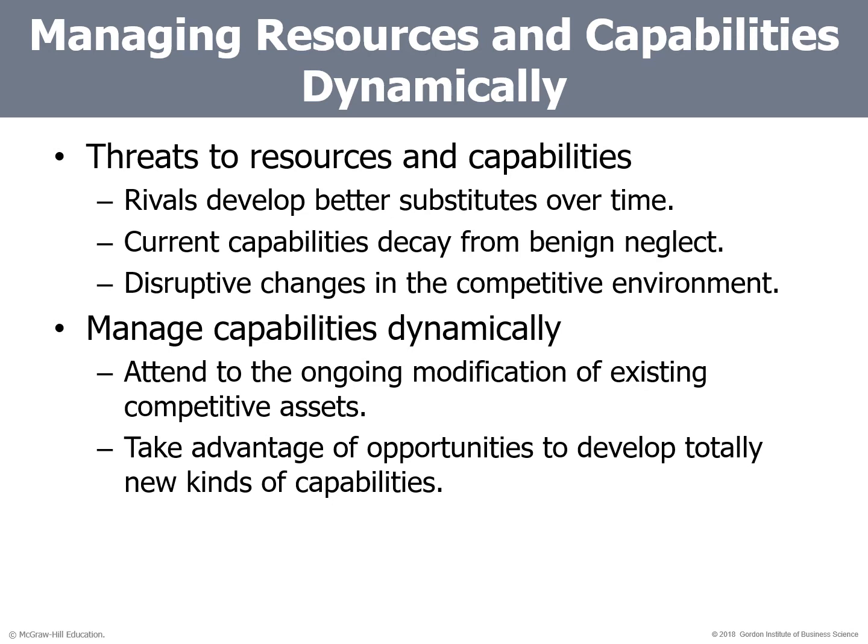So it's important for the company to manage its resources and capabilities dynamically to avoid these dangerous factors, where your competitors replicate what you have or they innovate to undermine your resources and capabilities going forward.